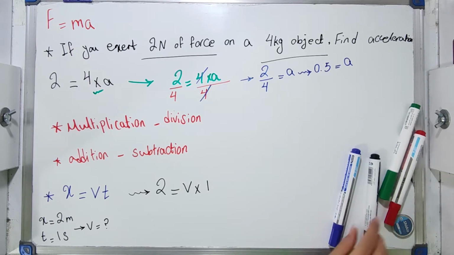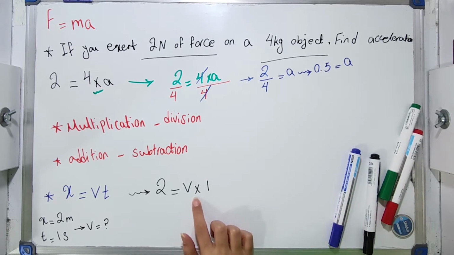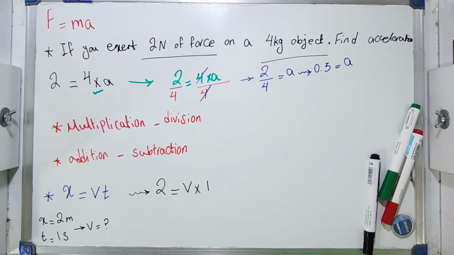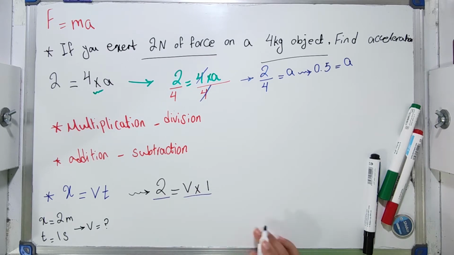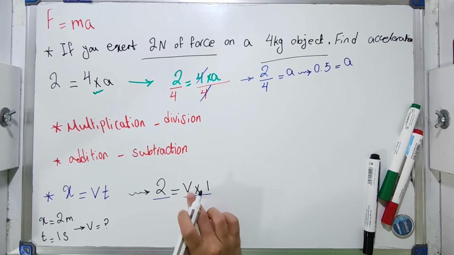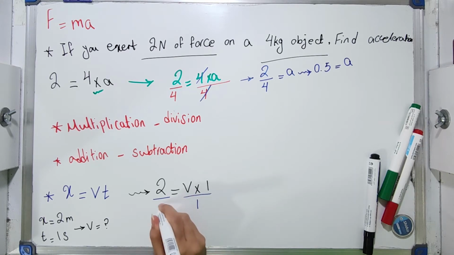What do I have here? I have here multiplication. So what am I supposed to do? I have to use division, divide both sides by 1 because I'm going to make v alone. Guys, whatever you do for this side, you have to do for another side too, because it's an equation.